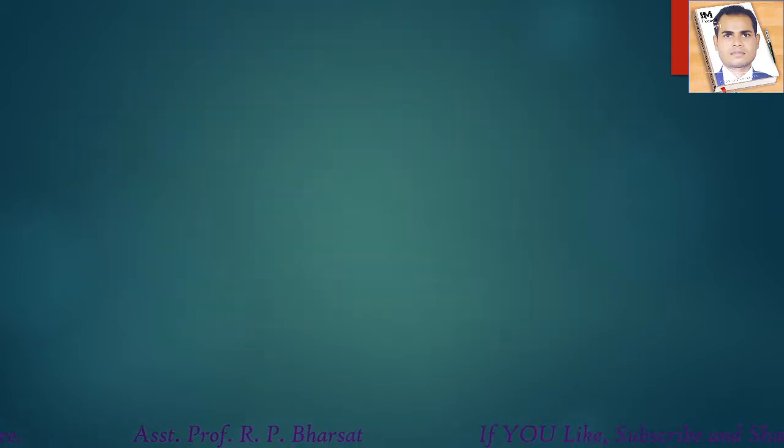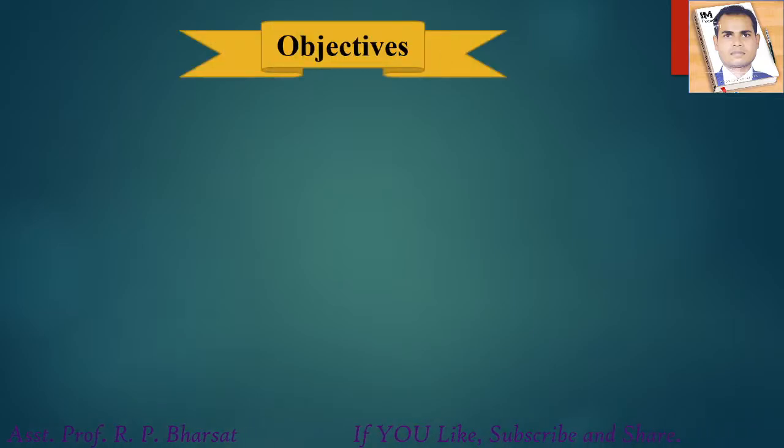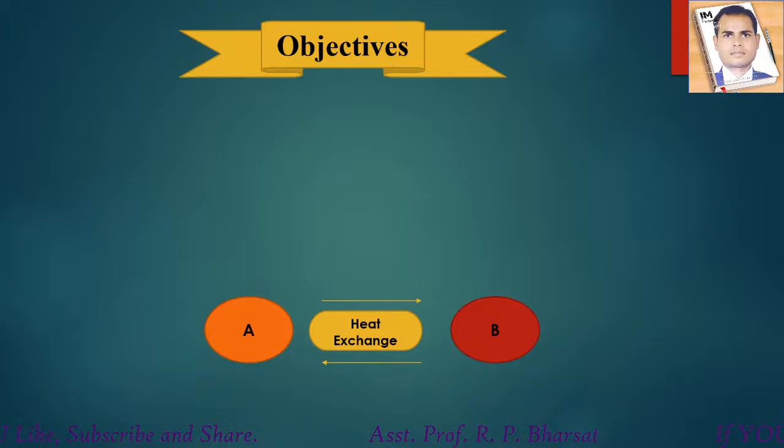Now we have to see the objectives of thermochemistry, and in this case again you consider one object which has some heat. So what will happen, object A will share the heat with object B, up to equilibrium heat of both objects, and like this they will both share heat with each other.